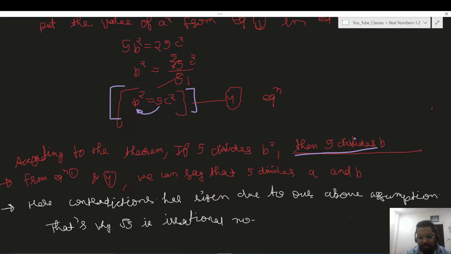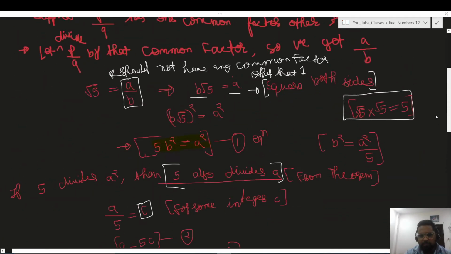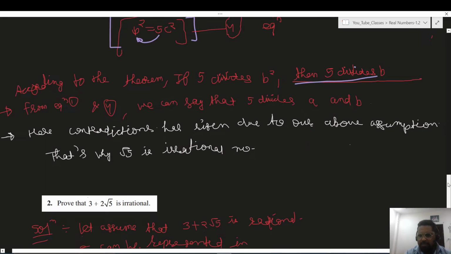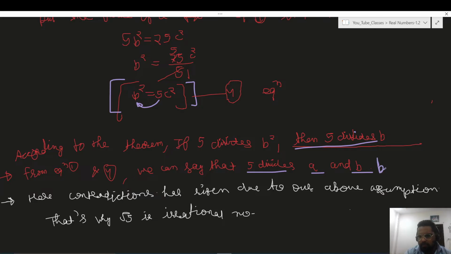It is clearly mentioned here. So from equation first, we are saying that 5 divides a. In equation 4 we are saying that 5 divides b as well, according to this theorem. So we can say that 5 divides a and b both.